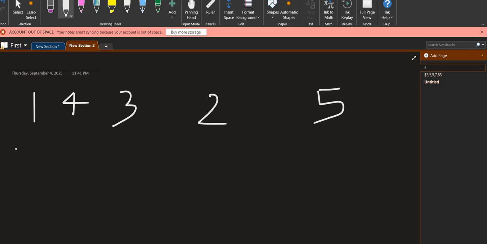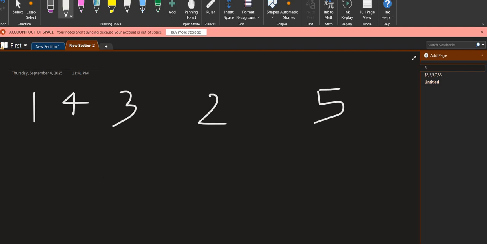I'm asked what would be the cost according to the problem, and how are we actually going to be able to calculate the cost?